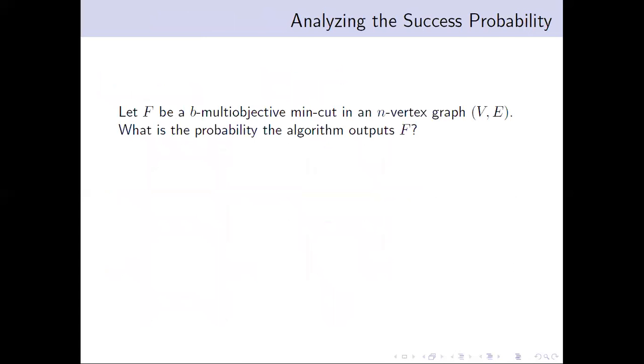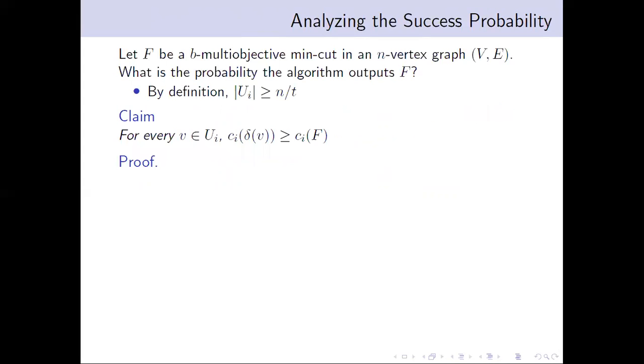All right, so what is the probability that a given B multi-objective min cut is actually returned by this algorithm? How do we analyze this? Well, one observation that we can make is that since the sets that we've defined partition the vertices into t sets, the largest of them, UI, must have size at least n over t.